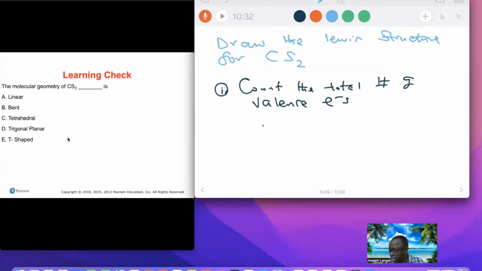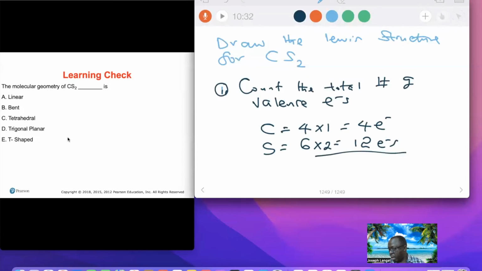In this case, carbon is in group 4, times 1 is 4 electrons. Sulfur is in group 6, so there are 6. Sulfur has 6 times 2, this is 12 electrons.